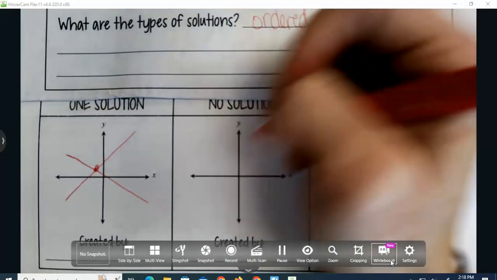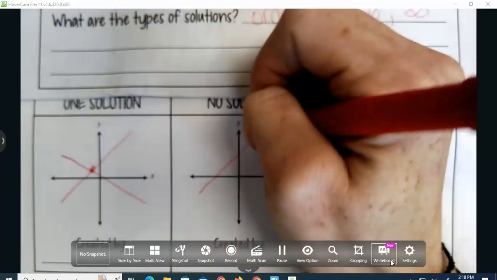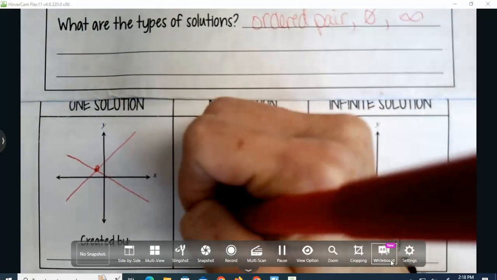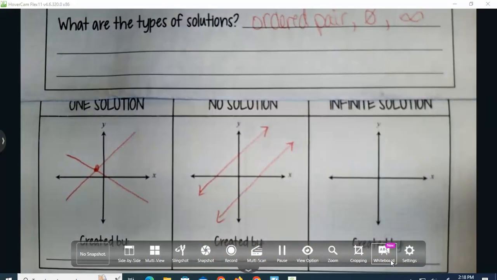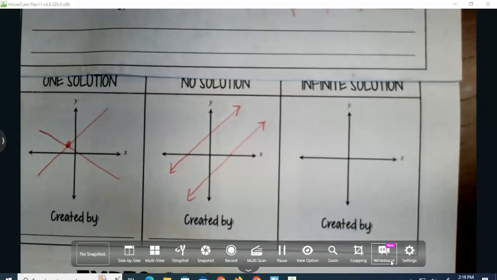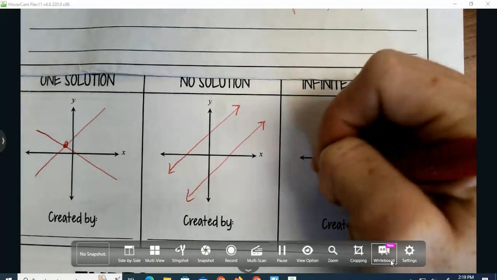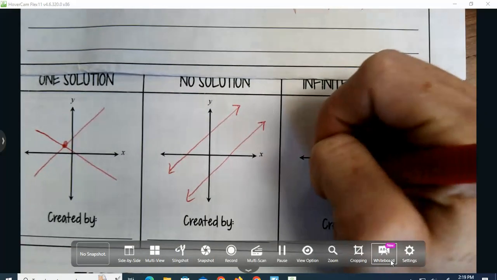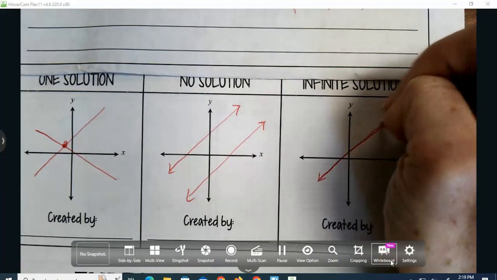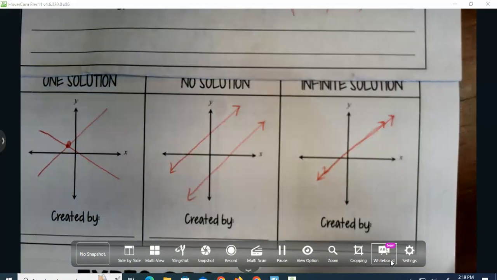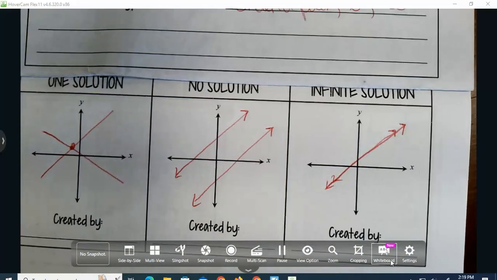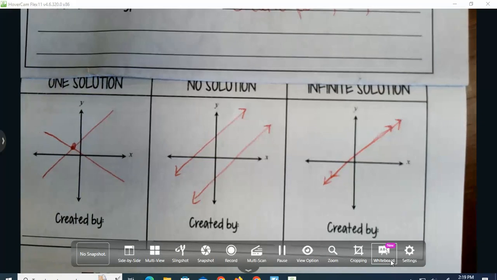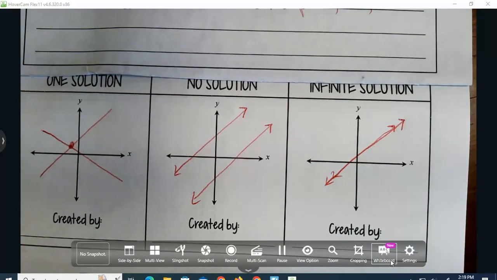If we're looking at a graph, we have two lines that would never meet because they are parallel. And infinite solutions? Same line. We graph them and we just get the same thing twice. Any questions there on what we can get in a system of equations?